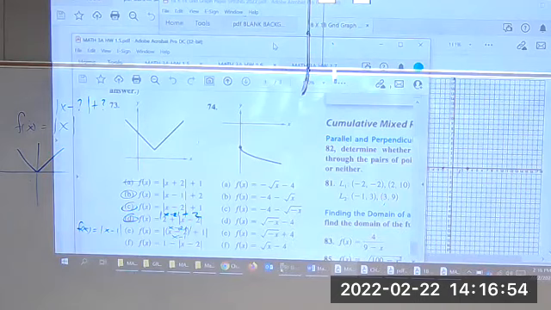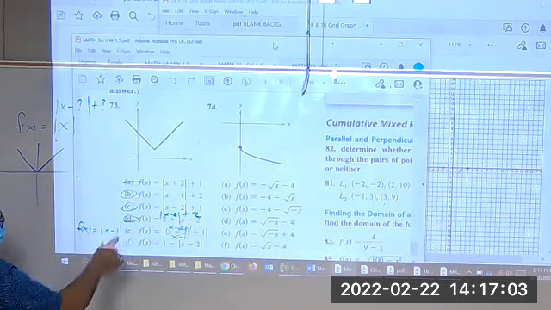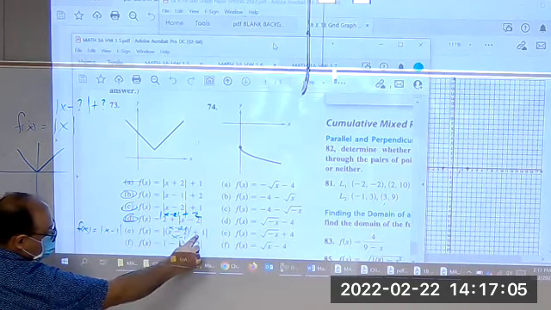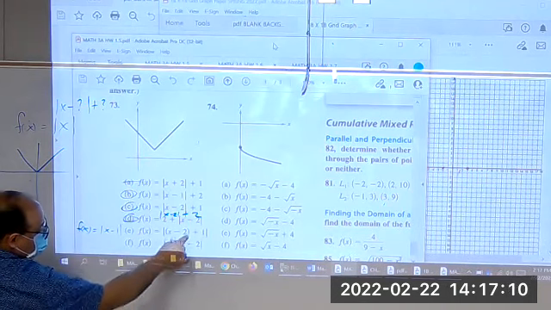Is that enough? No, because there's no K. There's no vertical shift to make that happen. So this one, they're trying to get you with that +1. That +1 is inside the absolute value, so that's part of the h.